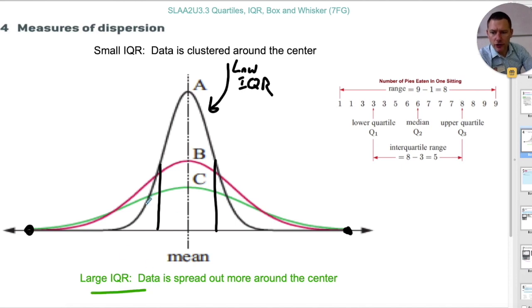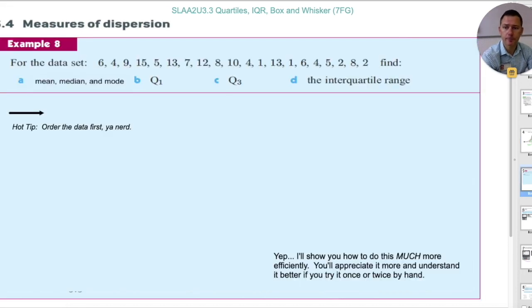The green has a large IQR and the data is more spread out, so the quarter of the data is here rather than here, and it just means that there's more spread in that data. Maybe we're more skeptical about the predictions of our statistics.